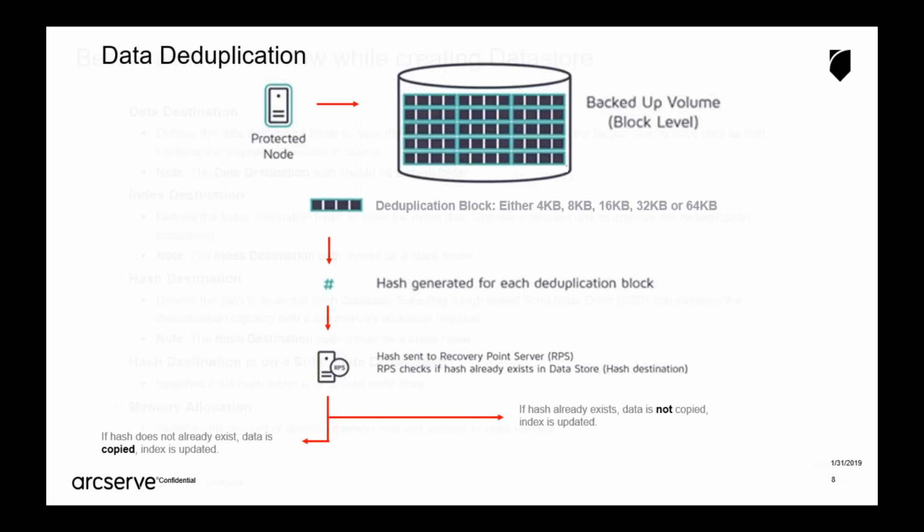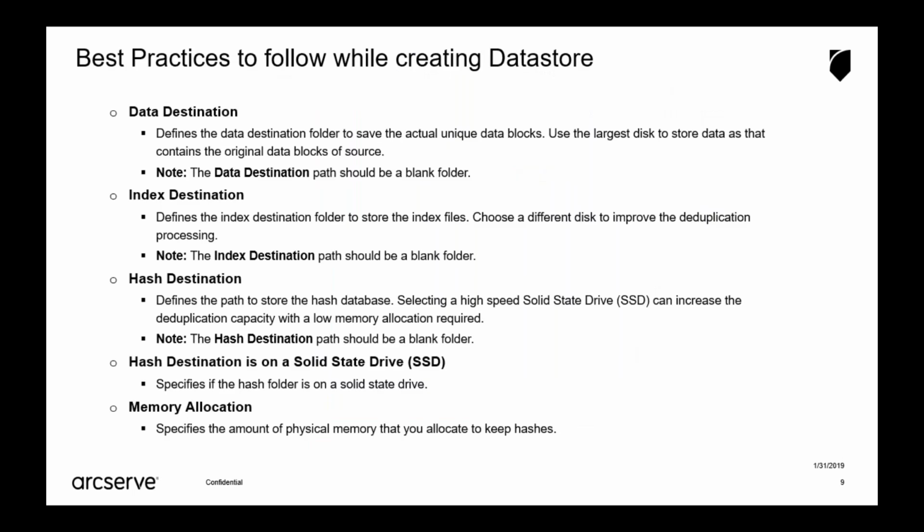Now let's talk about best practices while creating a data store, a dedupe data store. So what all things do I need to go through before creating the data stores. The data store has data, index, and hash, which help us with data deduplication.